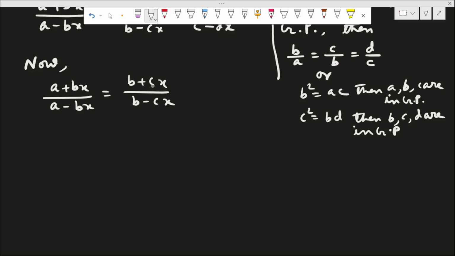Similar case in the right hand side, sum of two terms, that means B plus Cx, and in the denominator, difference of two terms. In this case, we use componendo and dividendo.